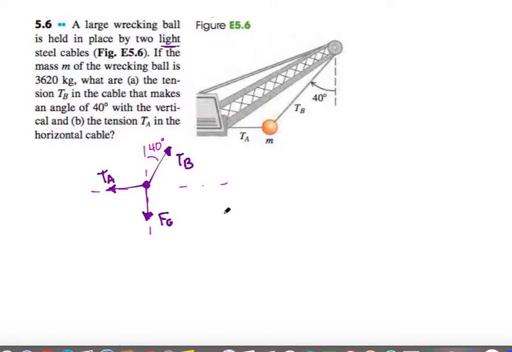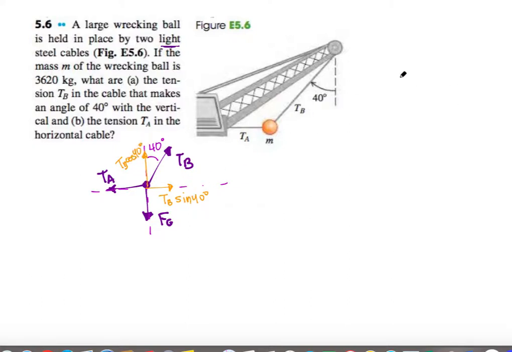Well, we have a free body diagram, so I can split this up into two components for tension B. I have this component acting horizontally and this component acting vertically. So I can skip a couple steps by saying this is TB and it's the side opposite the 40 degrees, so that would be TB sine 40. And then this would be TB cosine 40.